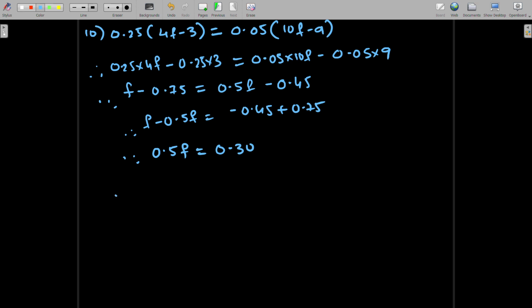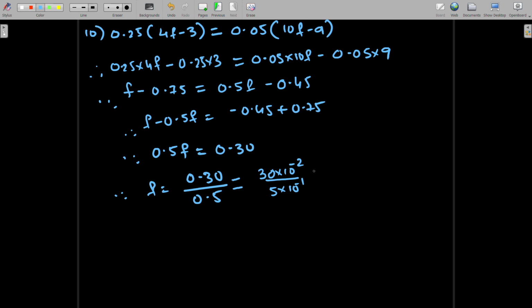Therefore, f is equal to, what we can say is 0.30 divided by 0.5. So what we can do here, now we have to divide this equation. In order to have a simple understanding, you can write this as 30 into 10 raised to minus 2, and this is 5 into 10 raised to minus 1, right?